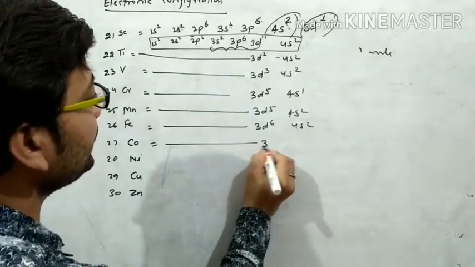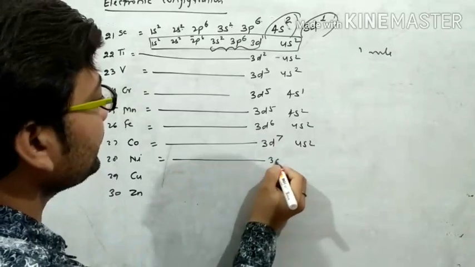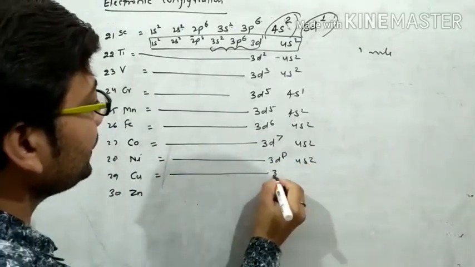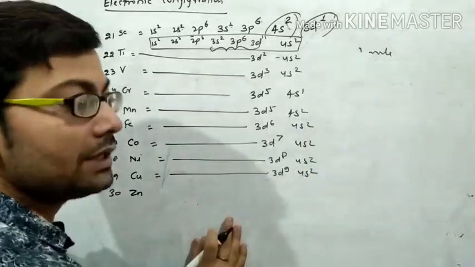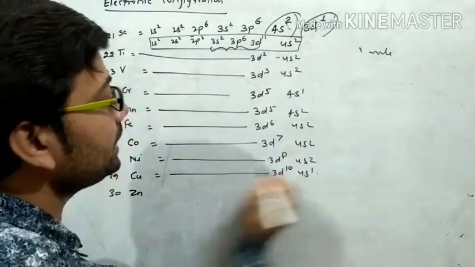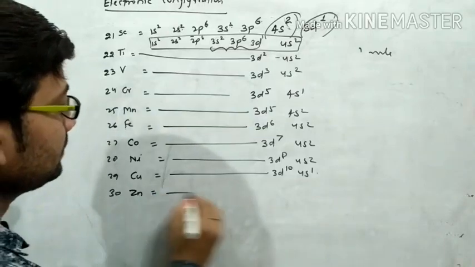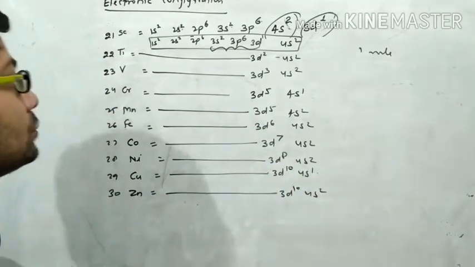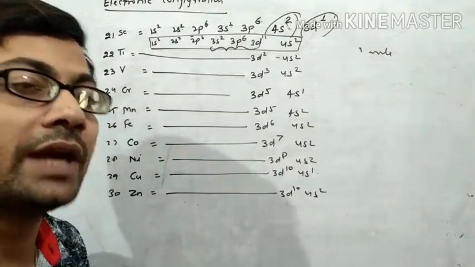In this case 3d7 4s2. 3d8 4s2. In the case of copper, 3d9 4s2. For obtaining extra stability, one electron is transferred from 4s into the d, then it gets 3d10 and 4s1. For zinc, 3d10 4s2. So this is the concept to write the electronic configuration of an element.